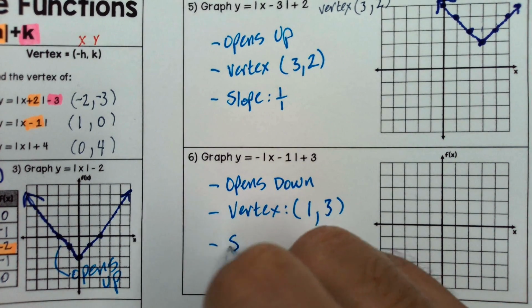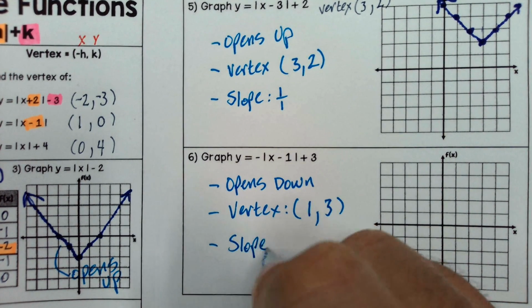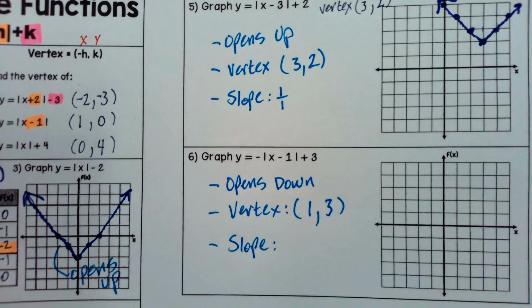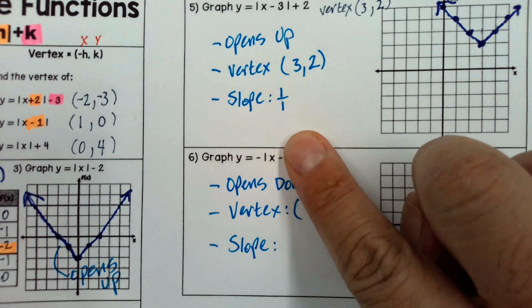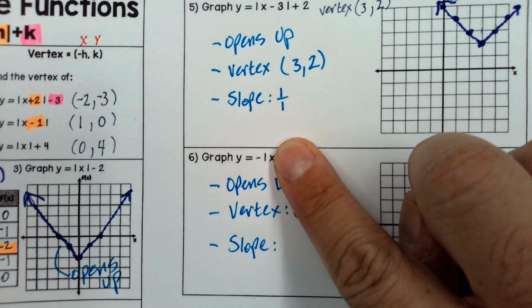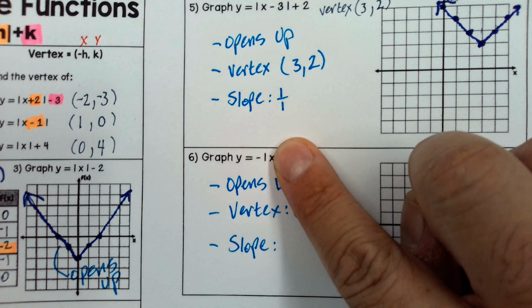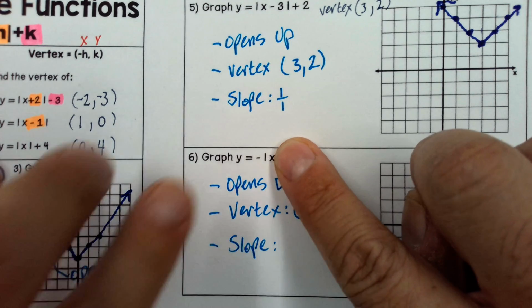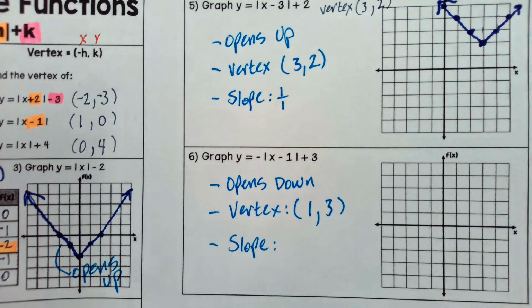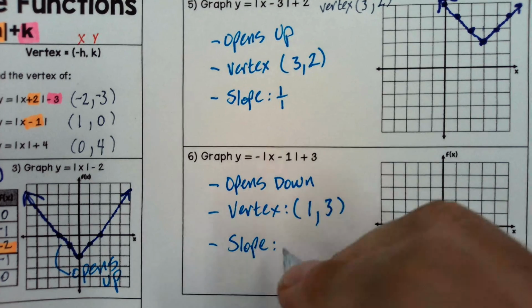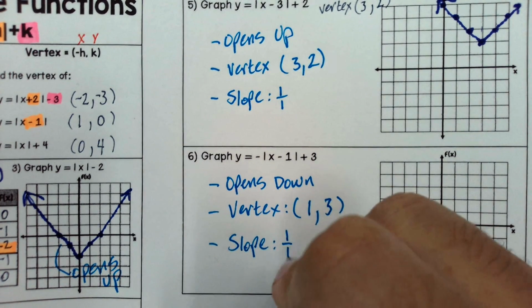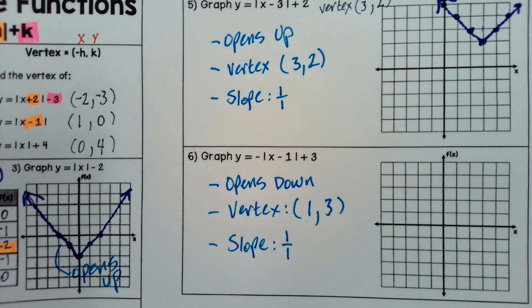And finally, the slope. In case you're wondering, how do you figure out the slope? Look at where x is. Is there a number in front of x? So the coefficient is 1, right? So the slope would be 1. So in this case, we would use 1 over 1 again. That's how we get the slope.